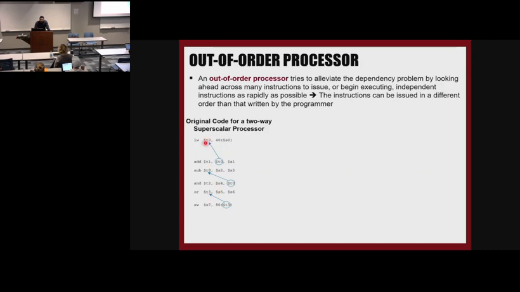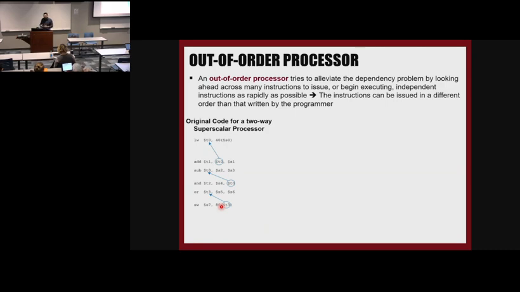We can move OR here, but when we have a two-way superscalar processor, it's going to execute both instructions in one clock cycle. Now, still in the next clock cycle, we need add. So moving this is going to help us use the two-way superscalar processor better, but still we need to stall.